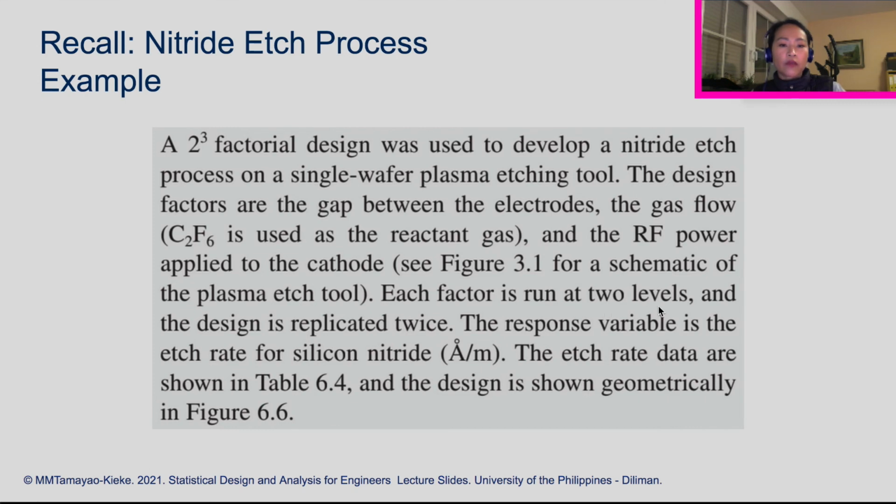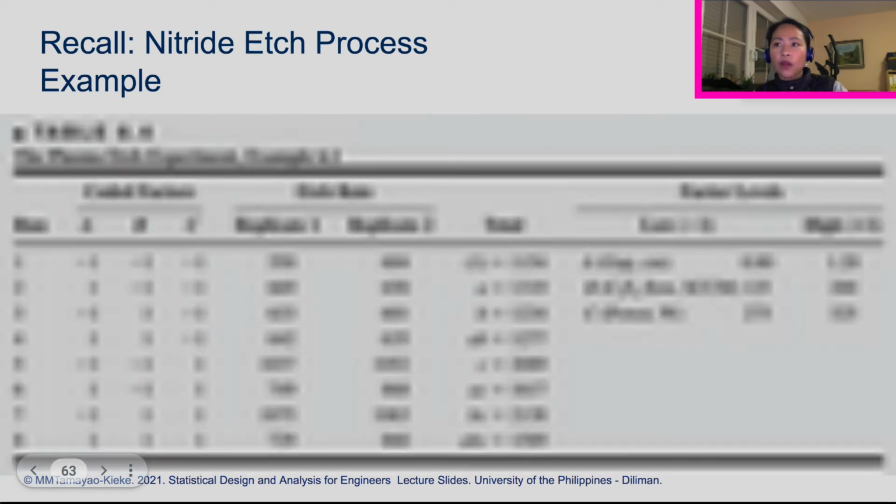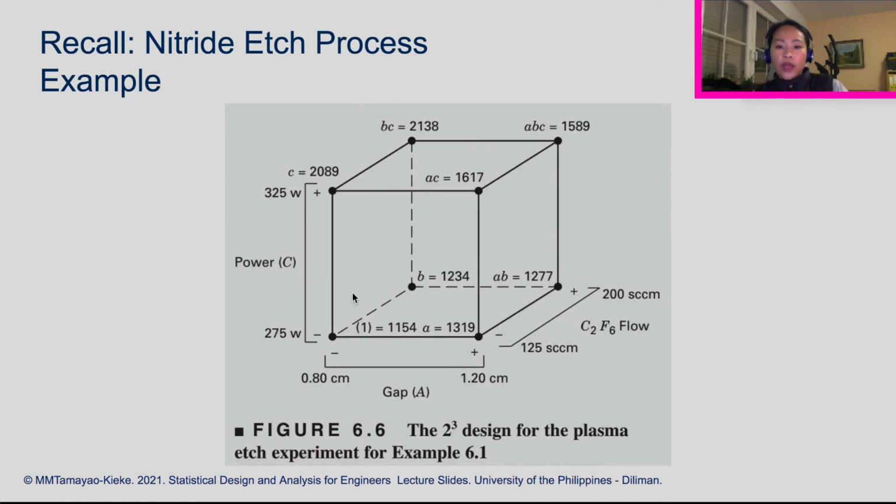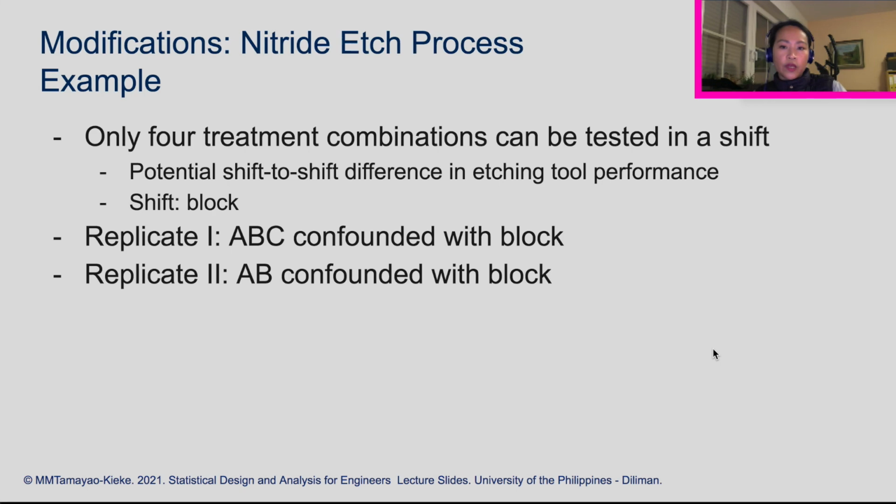Each factor is run at 2 levels and the design is replicated twice. The response variable is the etch rate for silicon nitride, and the etch rate data are shown in the following table. These are the values for the different combinations, with 2 replicates. And this was the original geometric representation for this experiment.